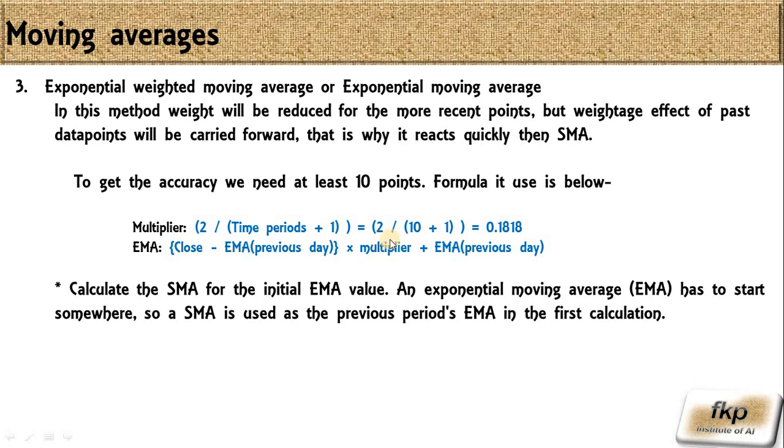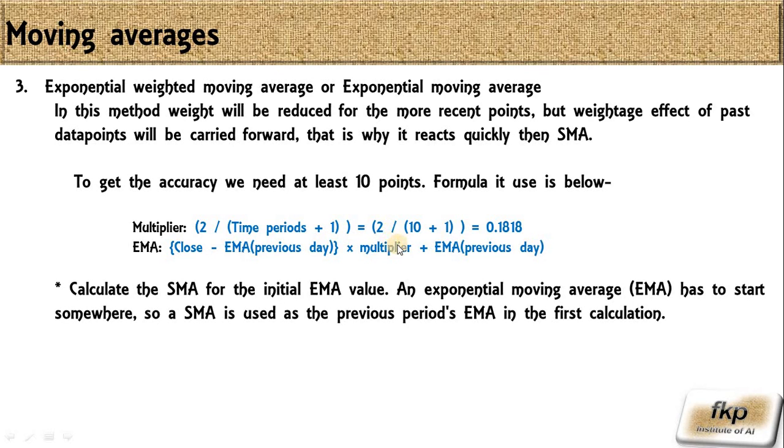So what is the multiplier here? The multiplier tells us the weight. How will it be calculated? It is 2 divided by time periods plus 1.